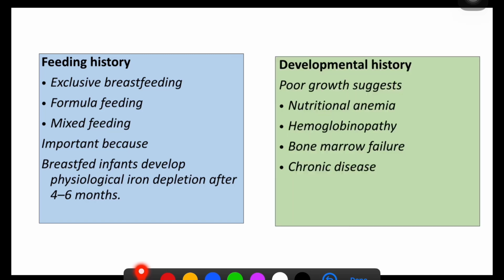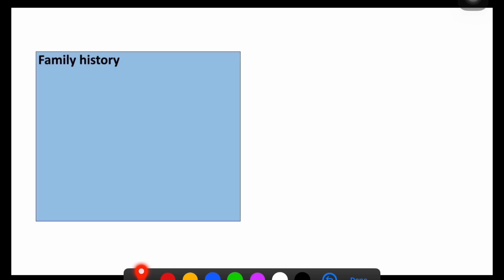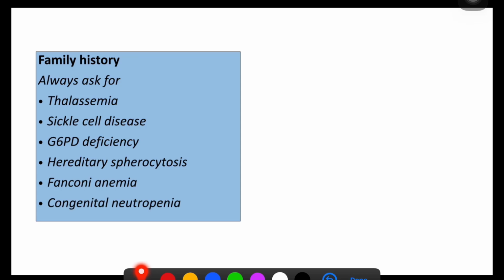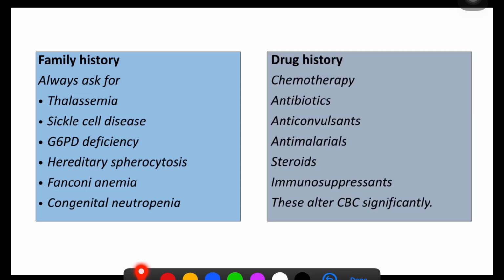And developmental history is also important, because poor growth suggests nutritional anemia or any hemoglobinopathy, bone marrow failure, or chronic disease. Now, family history: always ask for thalassemia or any hemolytic disease like sickle cell, G6PD, or hereditary spherocytosis, Fanconi anemia, or congenital neutropenia.